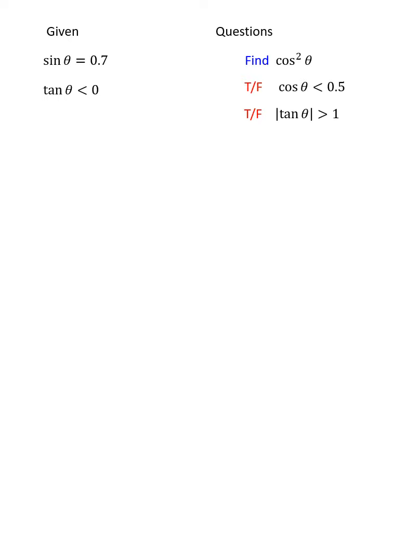With that general idea in mind, let's approach our last question of whether or not the magnitude of tangent theta, or the absolute value, is greater than 1. To solve this question, I thought about what I already knew about sine squared and cosine squared.